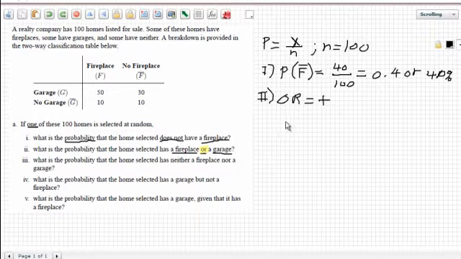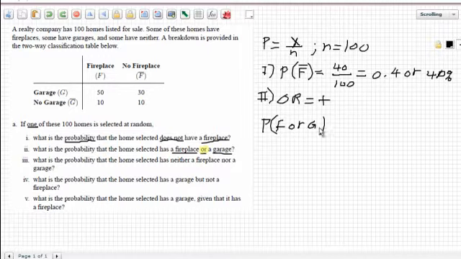So what I want over here is the addition of actually several probabilities. So here's how we write this: fireplace or garage. You're going to write F or G, right? So I want to calculate the probability of having a fireplace or a garage.